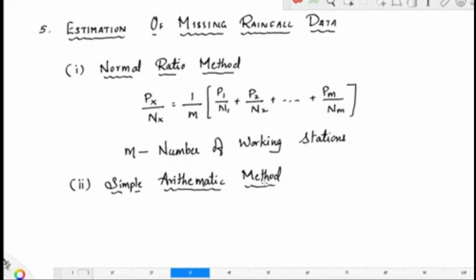Increase the Nx value by 10%, decrease the Nx value by 10%. If all remaining N values are within this obtained range, then you have to go for simple arithmetic average procedure. So simple arithmetic average procedure is PA is equal to P1 plus P2 till Pm divided by M.